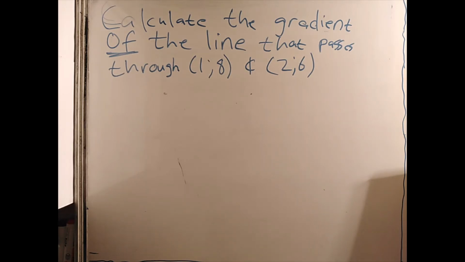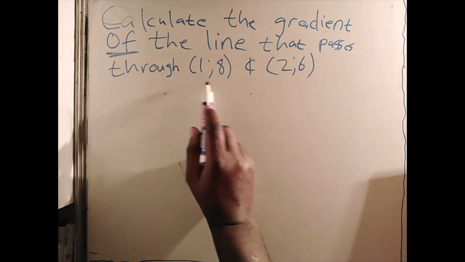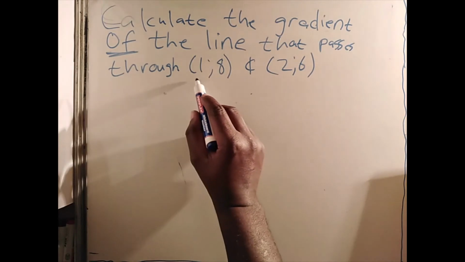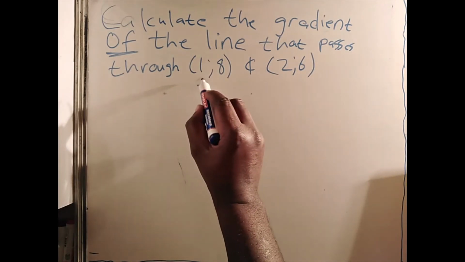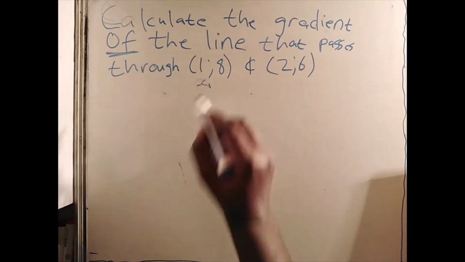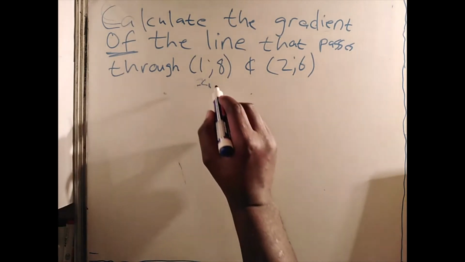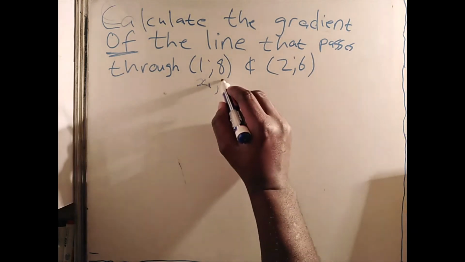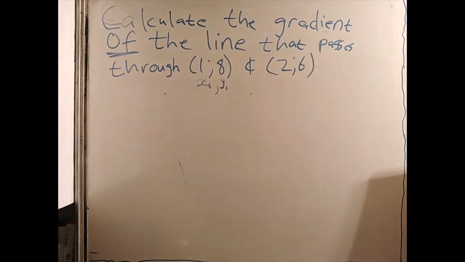You've got 2 points. This is point number 1 and this is point number 2. In point number 1, you've got the x value that we will refer to as x1, and then there is a y value of point number 1 which we'll refer to as y1.